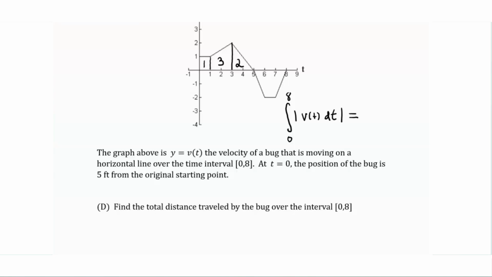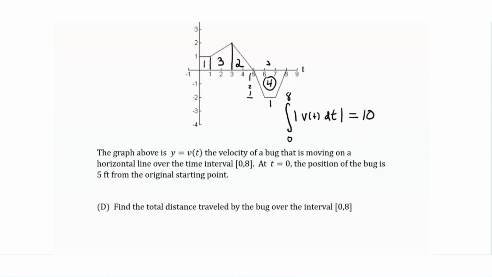But now the area of this trapezoid: this is 3, this is 1, and we have a height of 2, so this would be 4 as an area. We're not going to subtract it, since we're taking the absolute value. We're going to add it to the 5. So our answer comes out equal to 10.